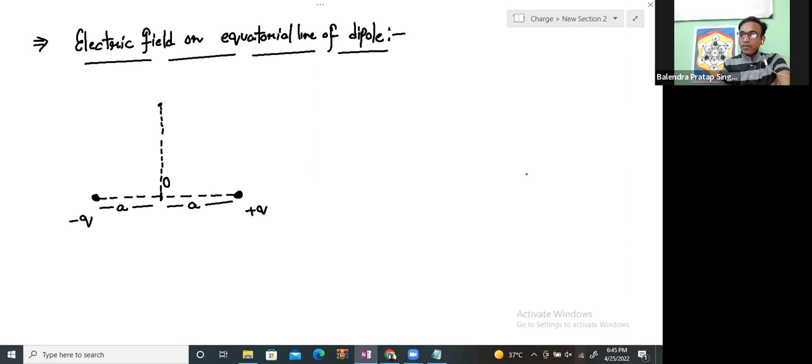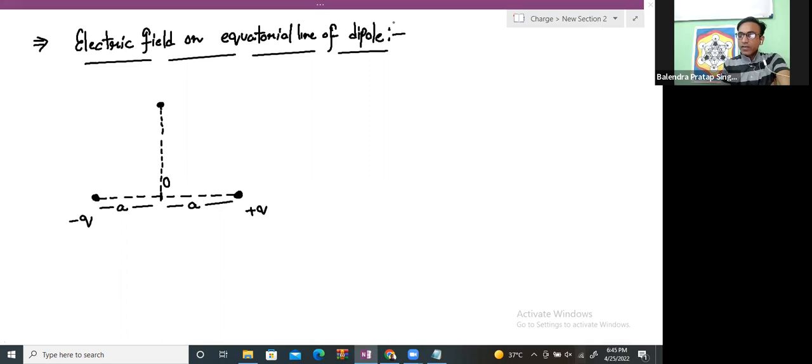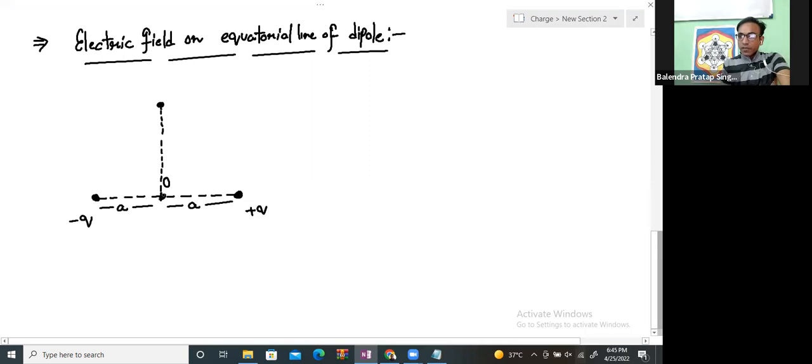This is our point where we want to calculate the electric field, this is the origin, and these are charges plus q and minus q.